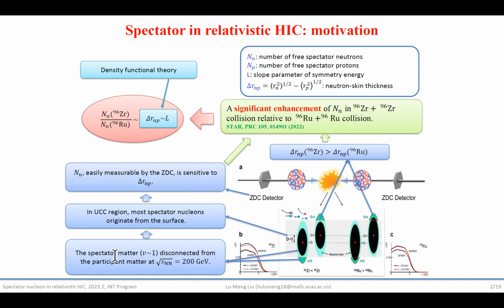In high energy heavy ion collisions, the spectator matter is disconnected from the participant matter, especially in the ultracentral collision region, where the impact parameter b is almost zero. In this region, most spectator nucleons originate from the surface, which is dominated by the neutron skin. So a large neutron skin leaves more free spectator neutrons, which can be measured by the ZDC detector.